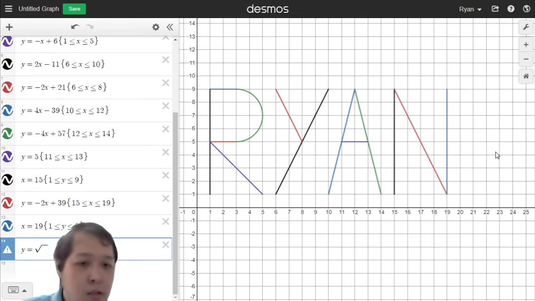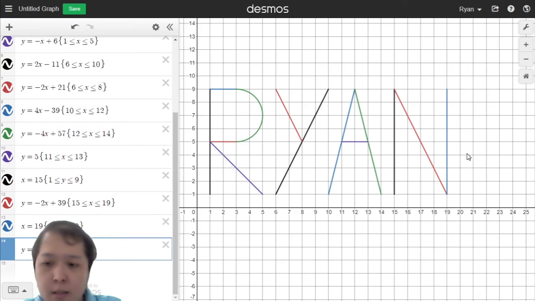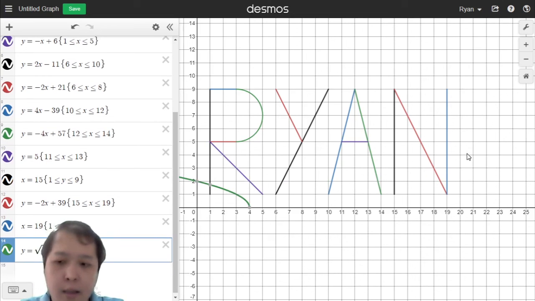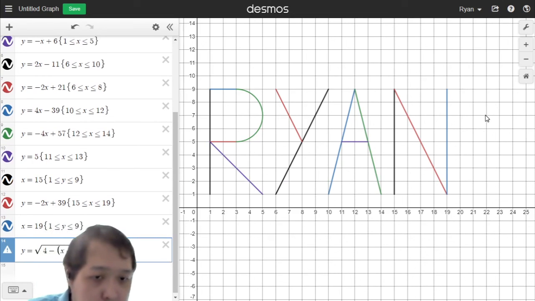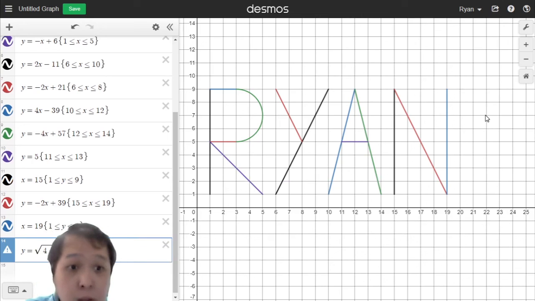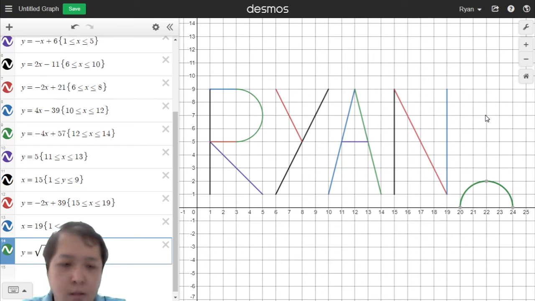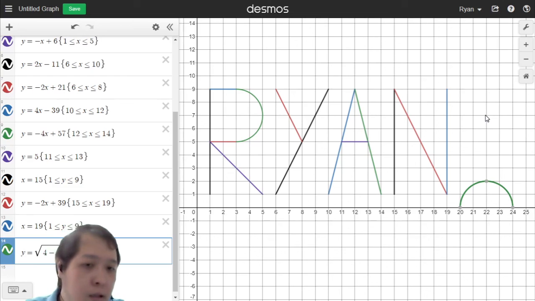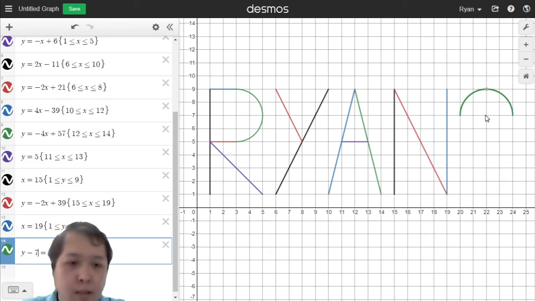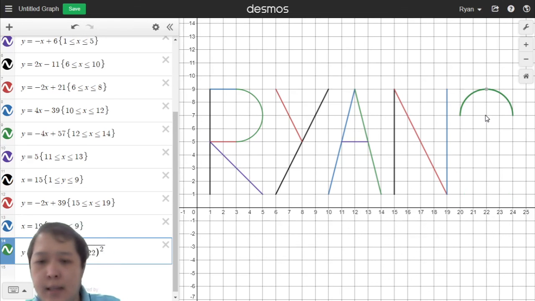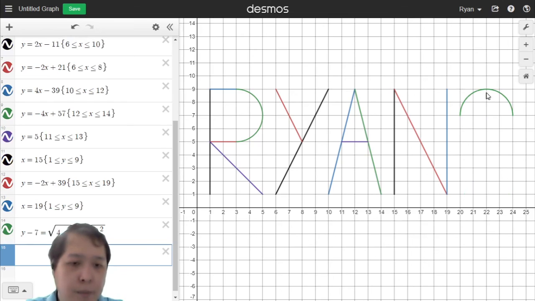Radius is 2, so it's 4 minus bracket x minus, what is the center? It's here, 22, 7. Oh, right, that's far. And the y center, 7, so minus 7. Yes, that's it, guys.